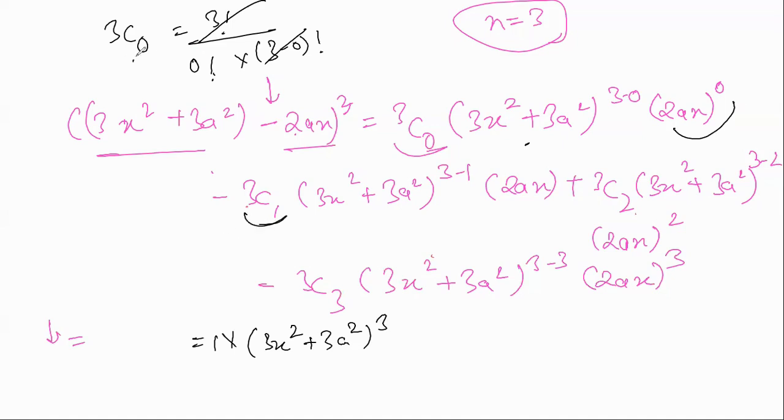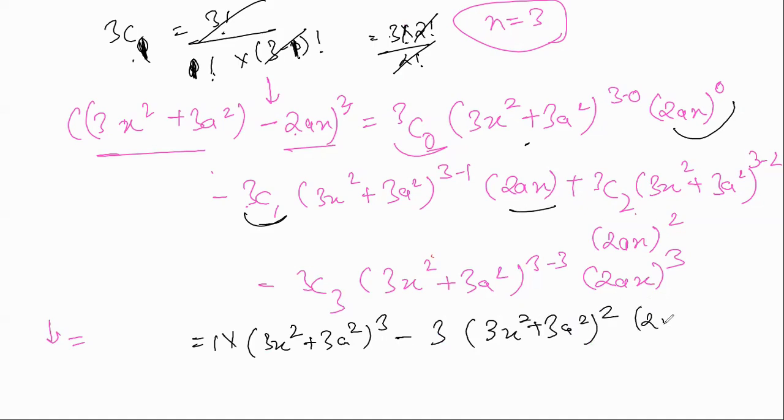Then moving to 3C1. When it is 1, it means 1 factorial and 3 minus 1 is 2. So it will be 3 factorial divided by 2 factorial. I will write 3 factorial as 3 times 2 factorial, so 2 factorial cancels out and 3 is left. Up till here, we have to open every factorial, right? So minus 3C1 is 3, and (3x² + 3a²) raised to power 2, and this as it is.